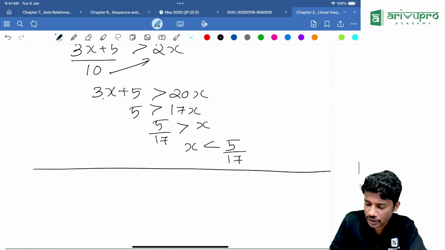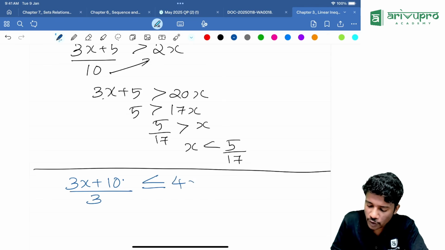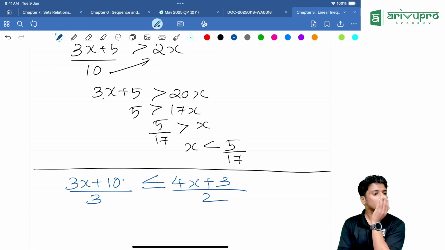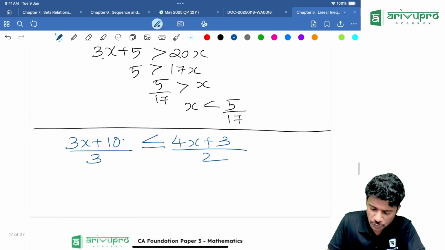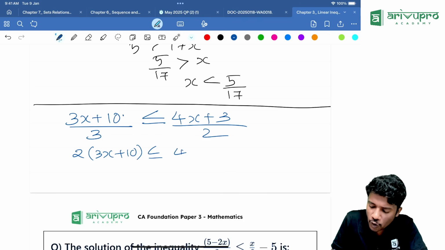Now I'll make it different. 3x plus 10 divided by 3 less than or equal to 4x plus 3 less than or equal to 3 divided by 2. How to do this? Tell me. Cross multiply. It will become 2 into 3x plus 10 less than or equal to 3 into 4x plus 3.